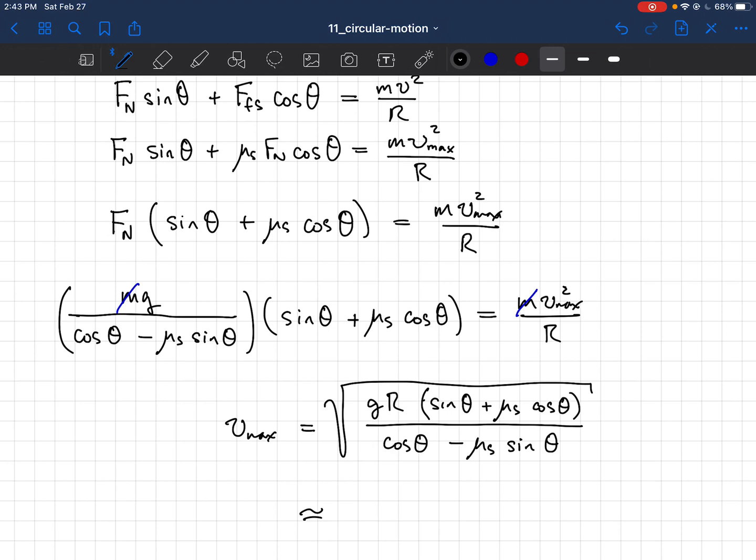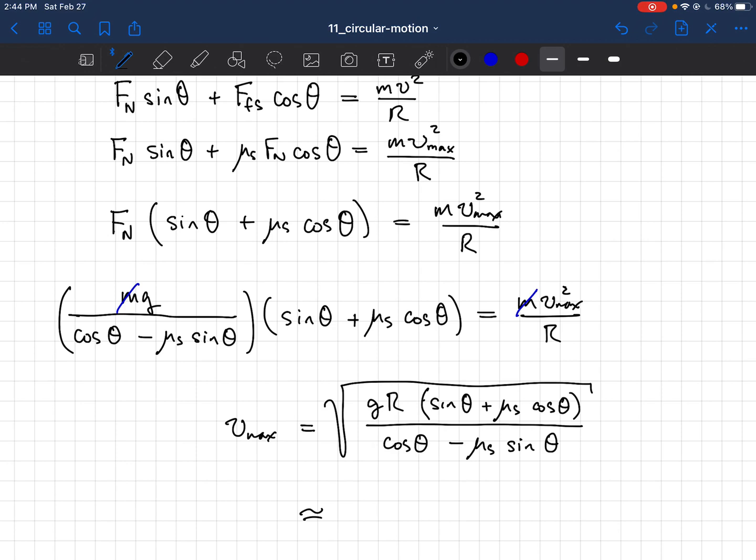So let's take the square root of 9.8 times the radius of curvature, 160 meters, times parentheses sine of our angle, 22 degrees, plus mu s, which is 0.3, times cosine of 22 degrees.